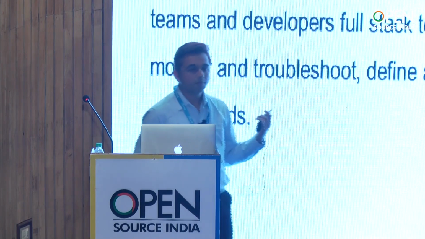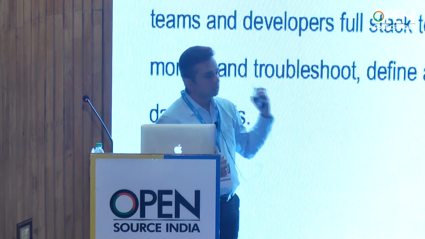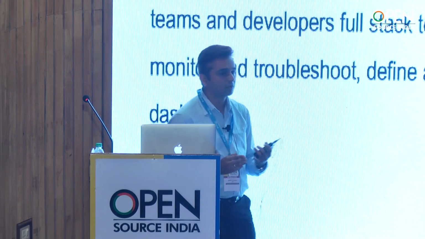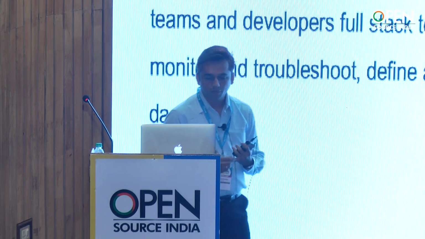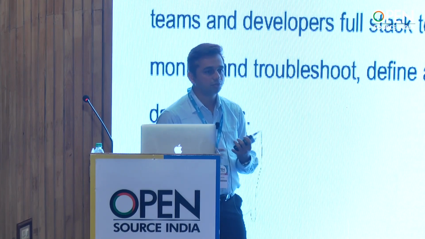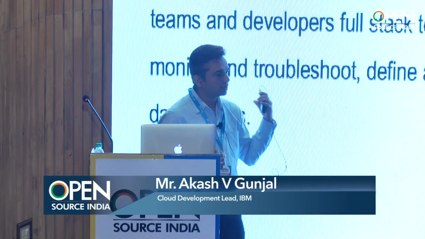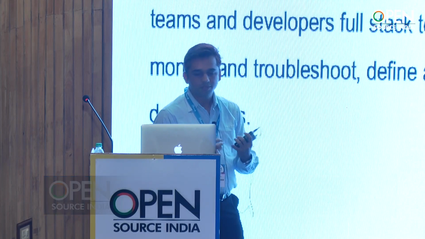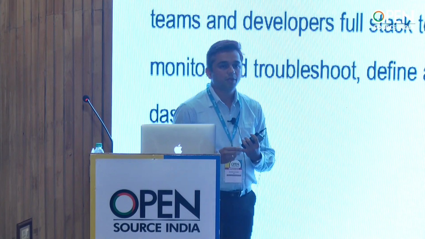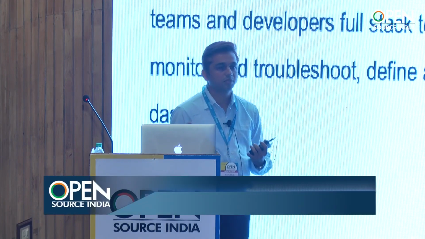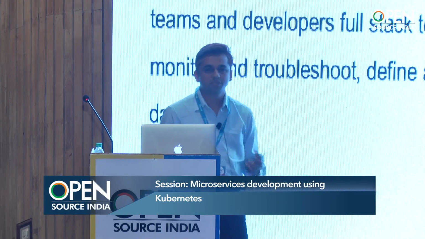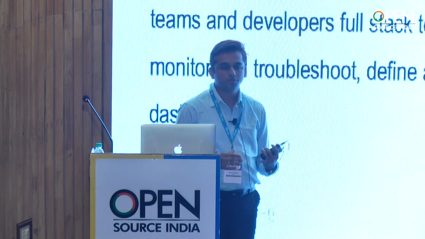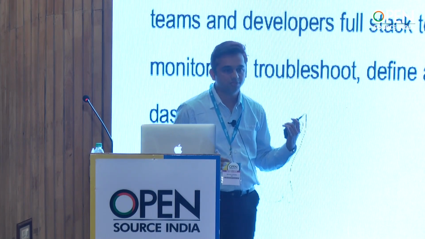In the case of IBM Cloud, we have used Sysdig for monitoring. Sysdig is a third party, a partner of IBM, and they have a very good monitoring and troubleshooting system, which we have integrated within the IBM catalog. Basically, you deploy Sysdig from the IBM catalog, and it has agents which will be deployed on your Kubernetes cluster, and that will finally fetch the metrics from your microservices or all the apps running on your cluster.